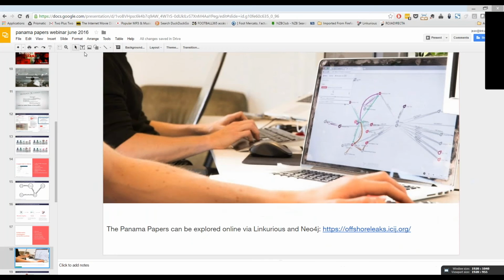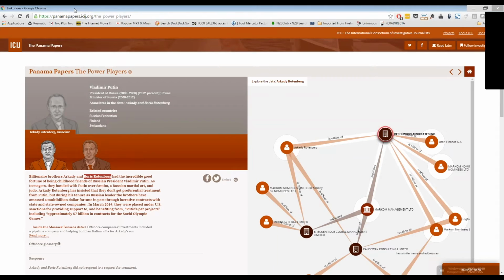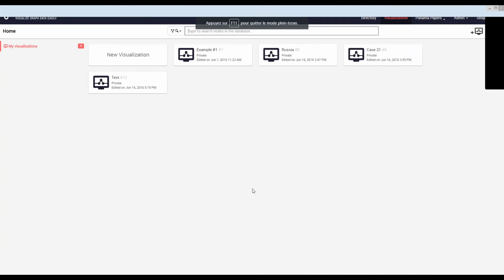So now I will start my copy of Linkurious Enterprise. So here is Linkurious Enterprise, and we can see the home page of the application. We are currently connected to the Panama Papers dataset, which is right here, and we can see a search bar right here. So we are going to use that search bar to search all data.